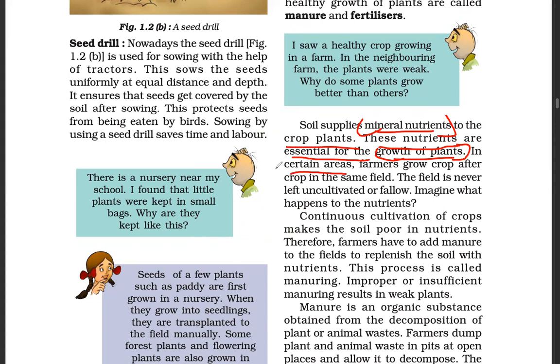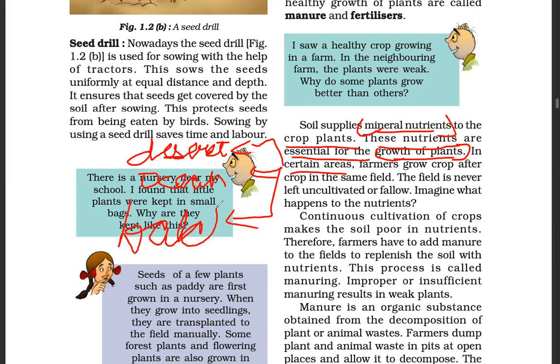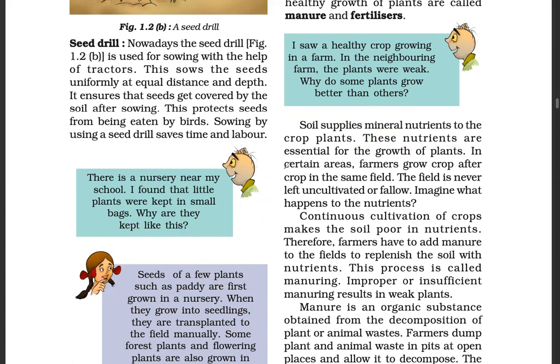In certain areas, like desert areas, the ocean side, and the black soil side, which is basically where cotton is grown, there are many types. In certain areas farmers grow crop after crop in the same field.